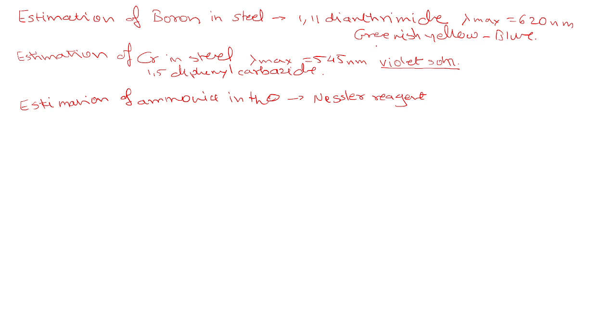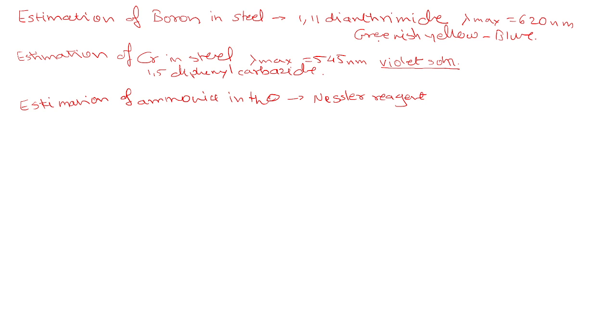When you treat mercury iodide in presence of potassium iodide, it gives an orange brown or reddish brown product.